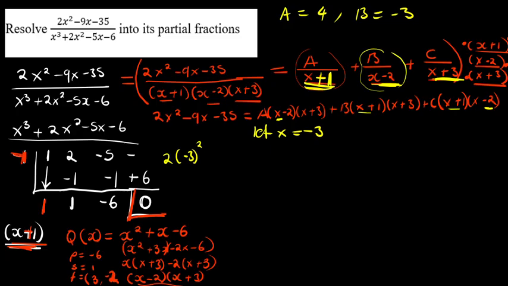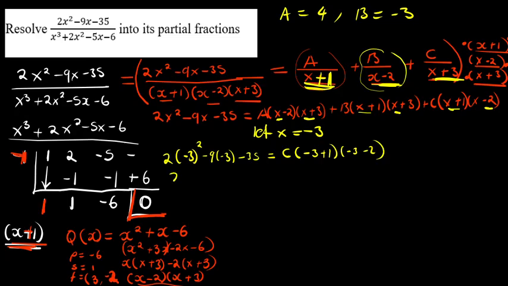Then 2, then 9 there, 35 equal to. So if I put negative 3 here it is 0, negative 3 here it is 0. So the only thing that is remaining is C. So where there is x, I'll put negative 3 plus 1, negative 3 minus 2.